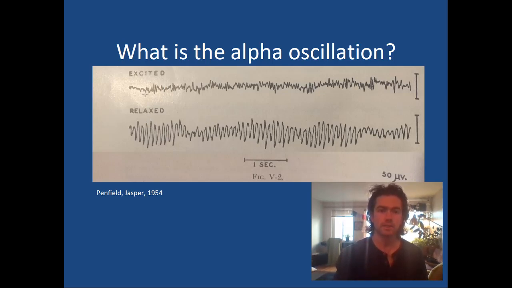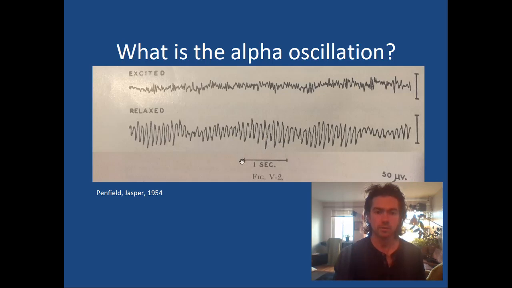And what you can see is that when a participant is excited, you have this kind of fast and arrhythmic activity going on where sometimes there are really quick little waves, and sometimes there are slower, larger spikes. But then when the participant becomes relaxed, we can see these really large amplitude, really regular rhythmic oscillations going on.